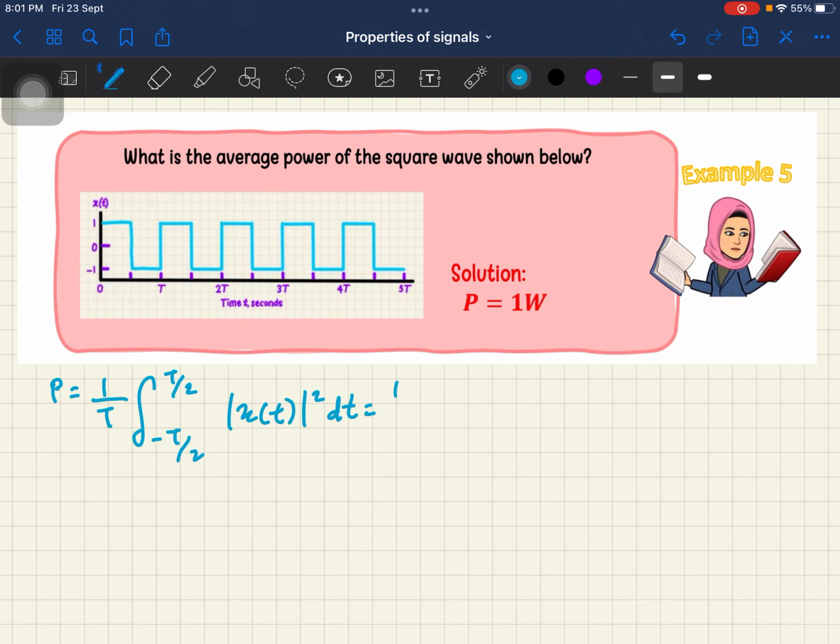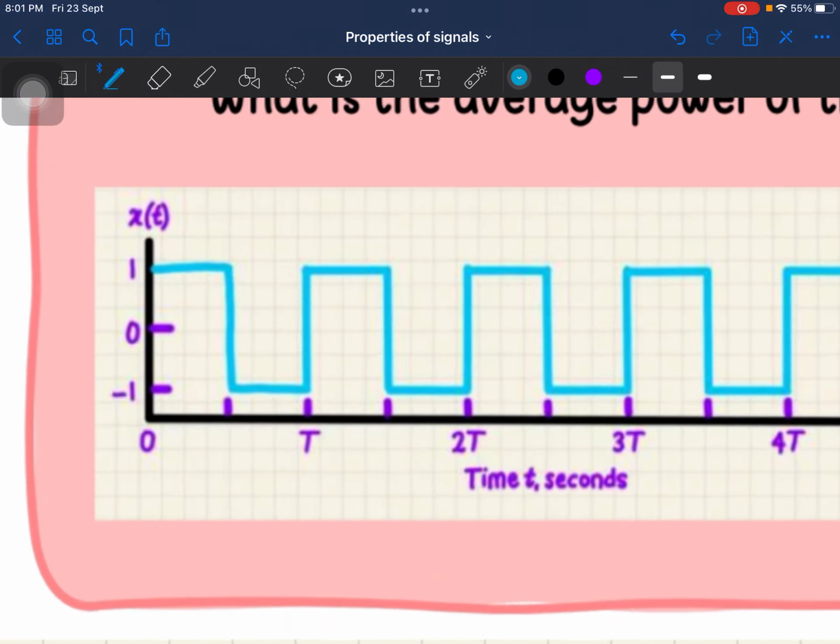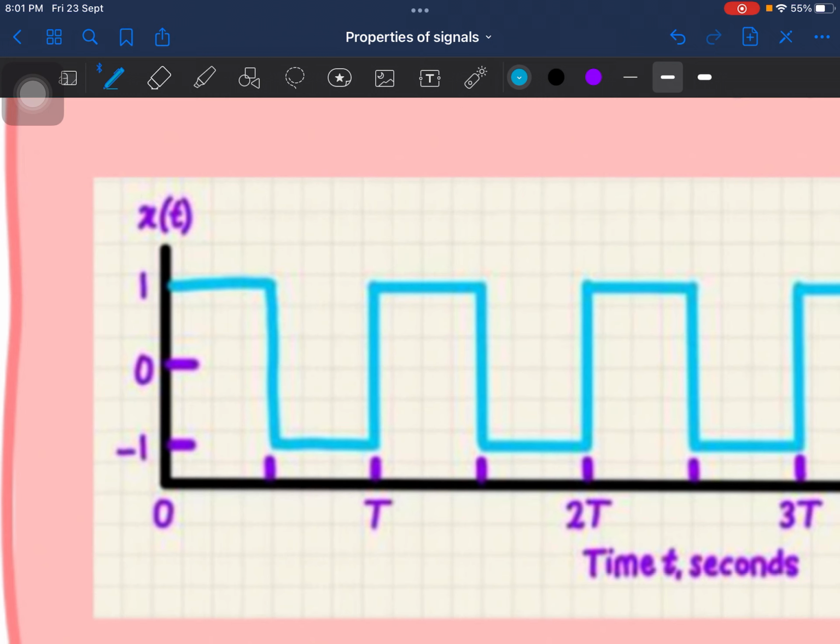Now we have to substitute the values into this formula. In order to do that, let's first examine this given signal. If we look at this signal, let's say I go from t equals 0 here, go to the right, go down, go to the right, and go up.